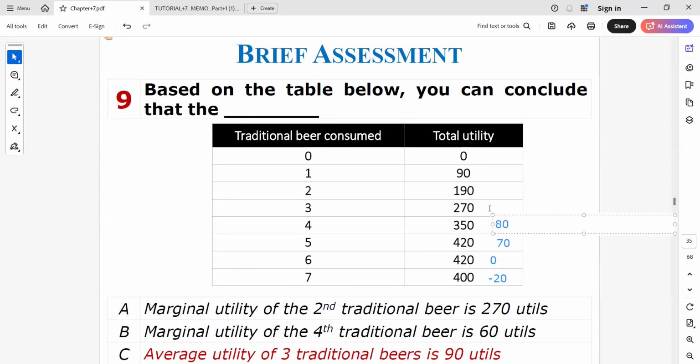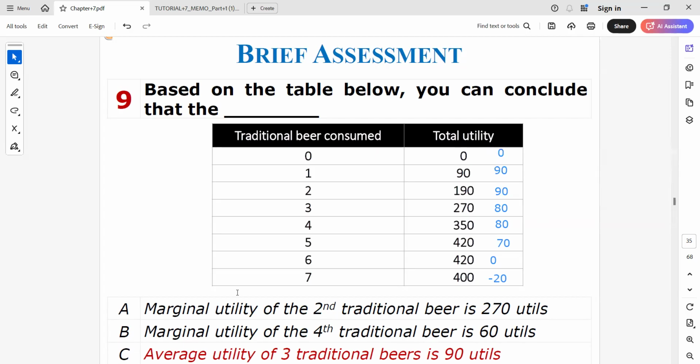Remember we got 80 twice, so also here we have 80. And then 190 minus 90, that is 100. Then we have 90 and then 0. So yeah, that was fast.